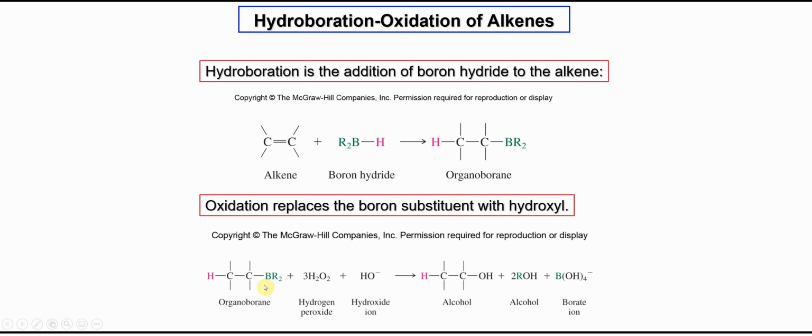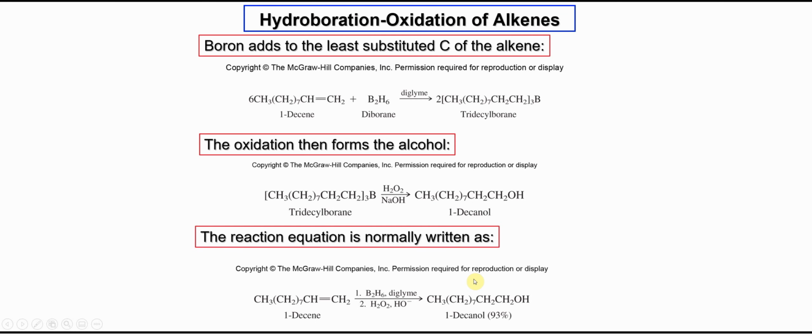This boron substituents will be replaced by a hydroxyl group. Oxidation replaces boron substituents with hydroxyl substituents to form an alcohol. There's two major steps. You are going to produce an anti-Markovnikov's product.